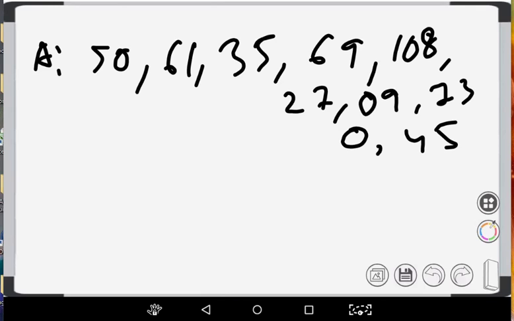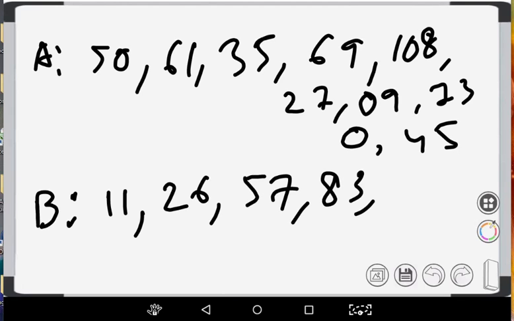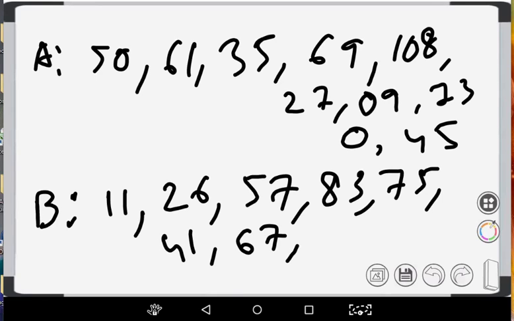In the last 10 innings, player B has scored 11, 26, 57, 83, 75, 41, 67, 43, 59 and 8.